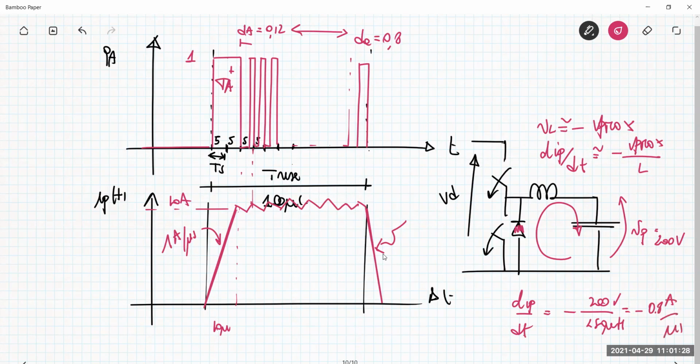So this slope here is not so fast as this one. The slope here is 0.8, more or less, amp per microsecond, because it depends on the voltage drop across the capacitor, which is now fully charged.